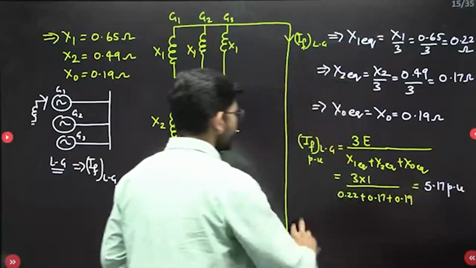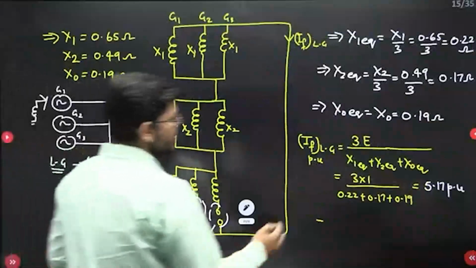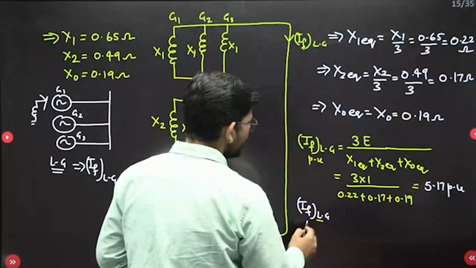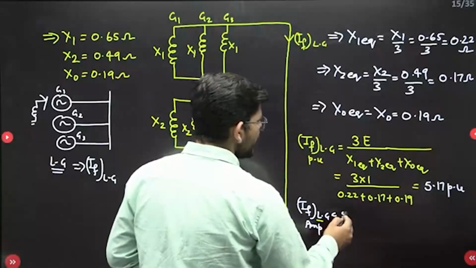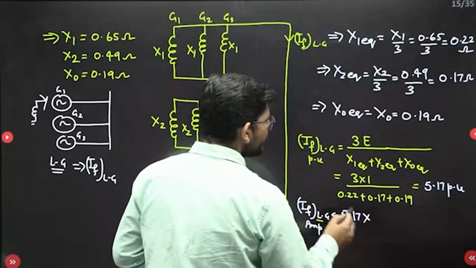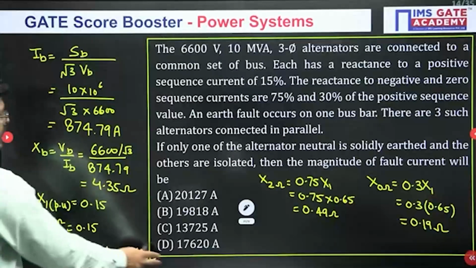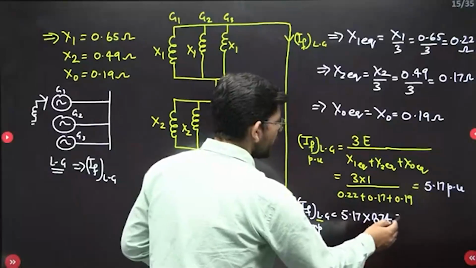But do we have to give the answer in per unit or in amperes? In amperes. So the line to ground current in amperes will be equal to 5.17, the per unit value, into the base value. How much is the base current? The base current we have already calculated, 874.79.